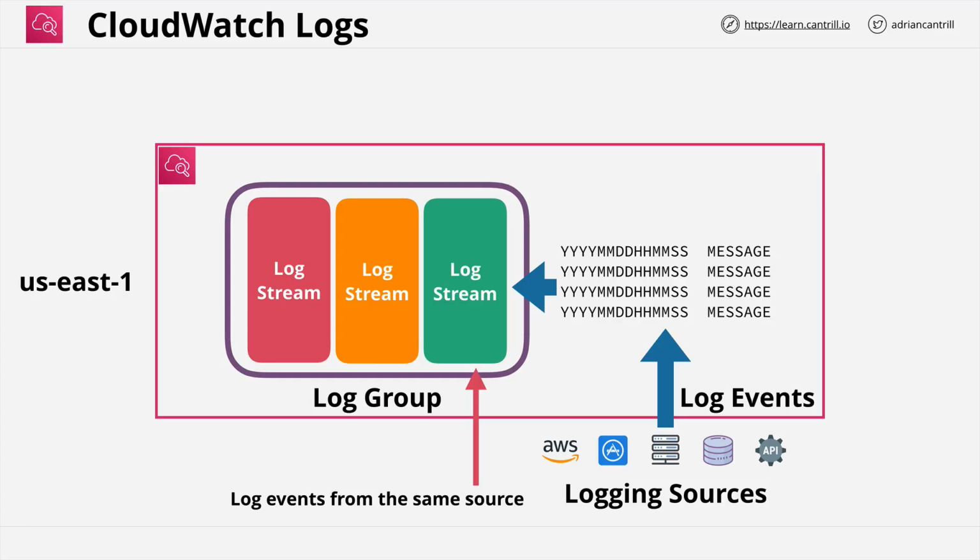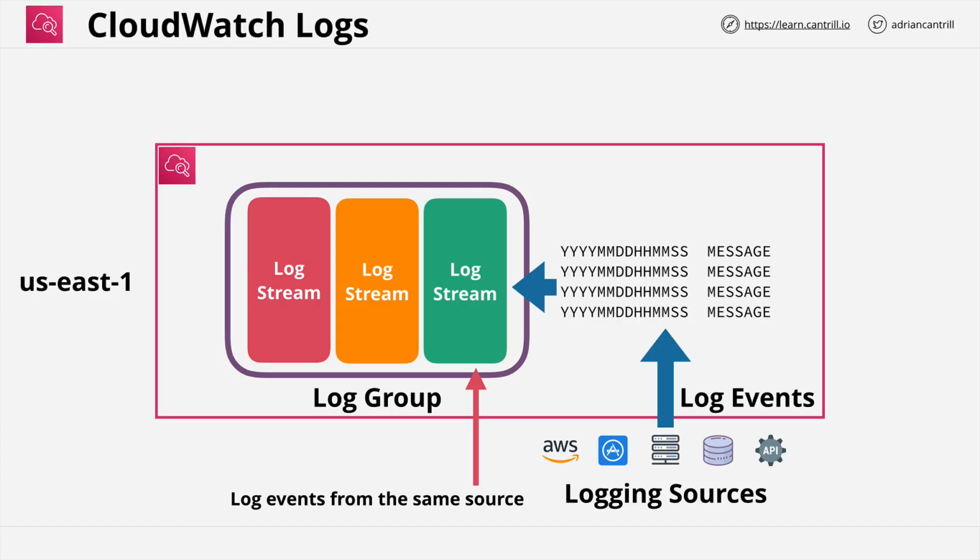And then inside this log group would be lots of different log streams, and each log stream would represent one source, so one EC2 instance where we were receiving data for /var/log/messages. Each log stream would then be a collection of log events. So every time an item was added to /var/log/messages on a single EC2 instance, there would be one log event inside one log stream for that EC2 instance.